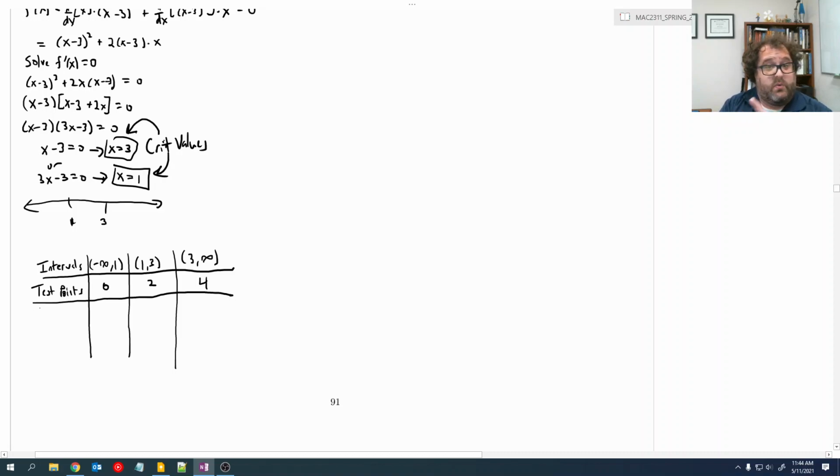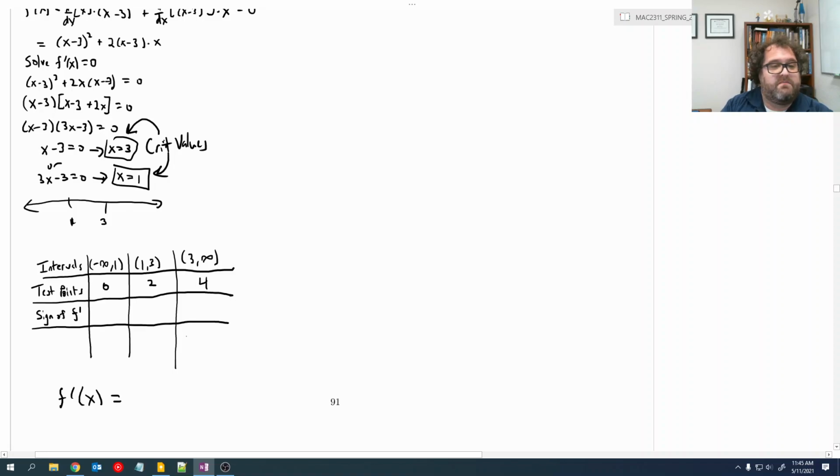Now, next row. This is where the process is slightly different than in the previous video, because in college algebra you look at the sign of f, the sign of the function, but here we want the sign of the derivative f prime. And so now we take our test points and plug into the derivative. So I'm going to jot down the derivative just so we have it.